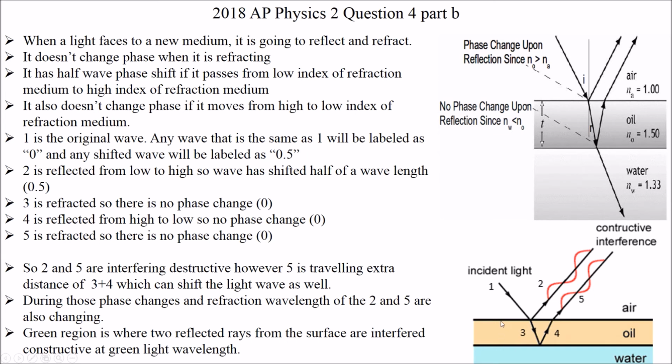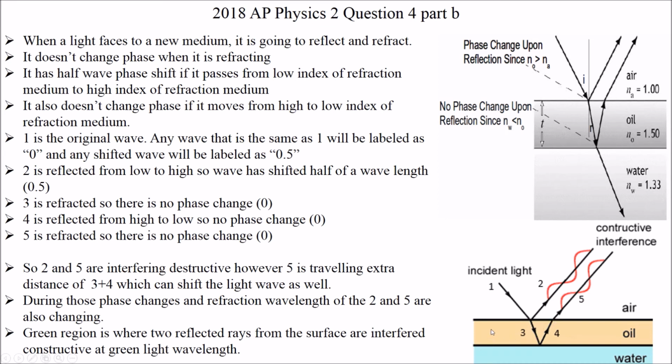However, that distance is also adding some more path length. So the wavelength of this 5 is actually changing a little bit because it is traveling more distance. So if that distance is a certain distance, that is going to create another phase difference, then 2 and 5 can interfere constructively.